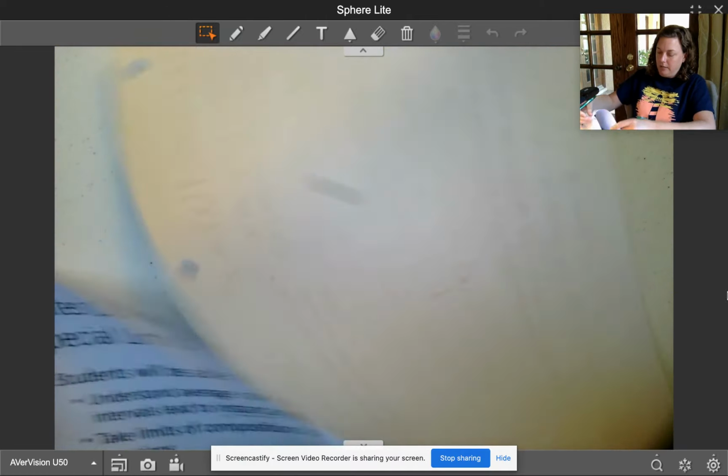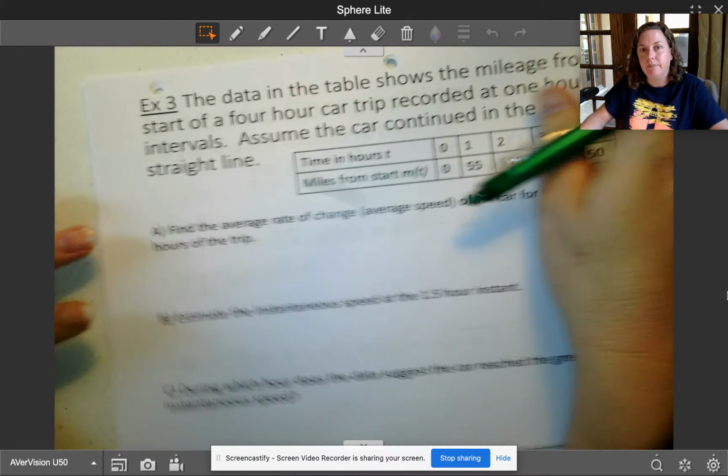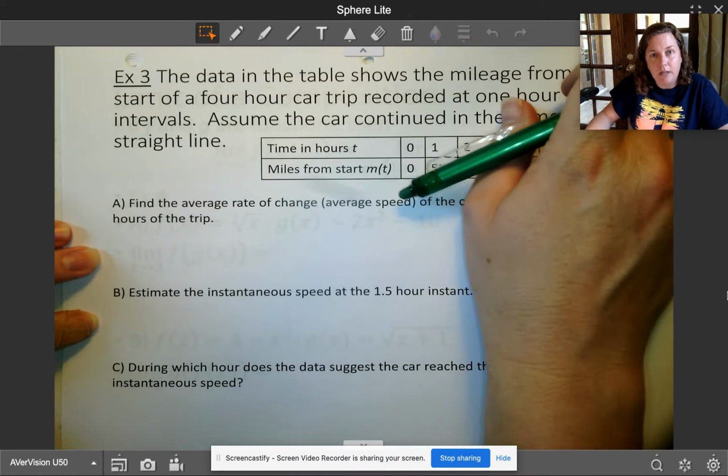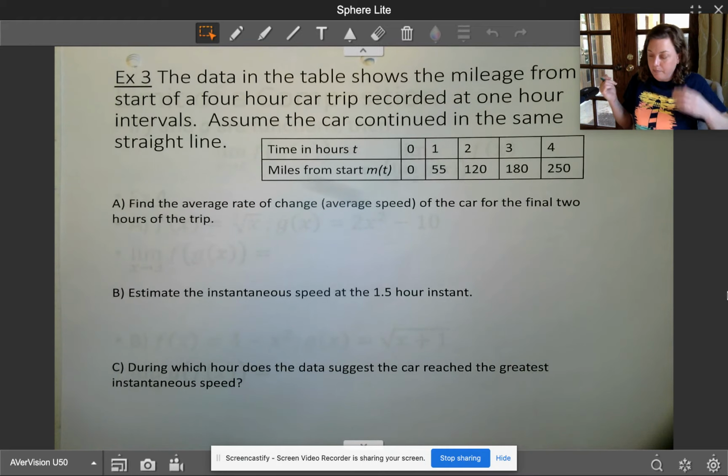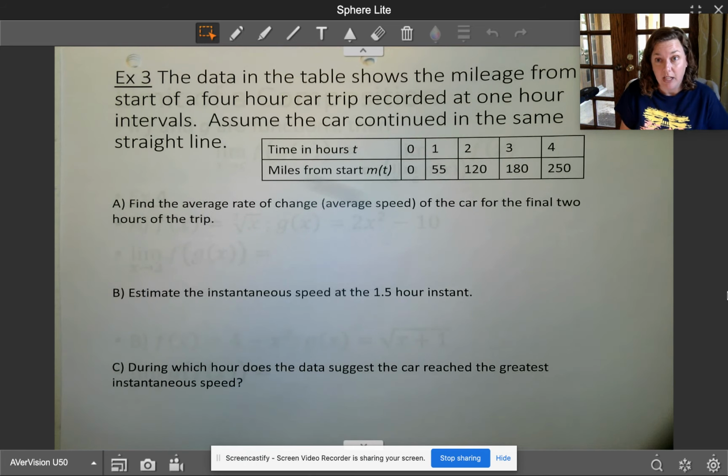All right, example 3. Again, you might need to pause and write this stuff down. The data in the table shows the mileage from the start of a 4-hour car trip recorded at 1-hour intervals. Assume the car continued in the same straight line. This is the drive from about Casa Grande on I-8 to San Diego, that straight road that just goes forever.